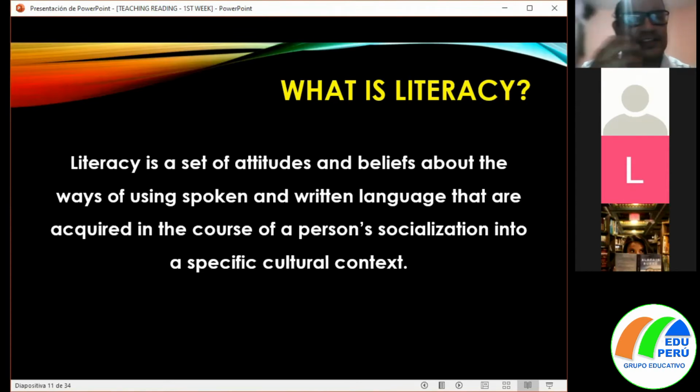In past years, we had a different definition of literacy. For example, some people thought that literacy was related just to writing. But nowadays, it's not just related to writing. Now it's related to speaking too. All right? So it involves these skills, speaking and writing.